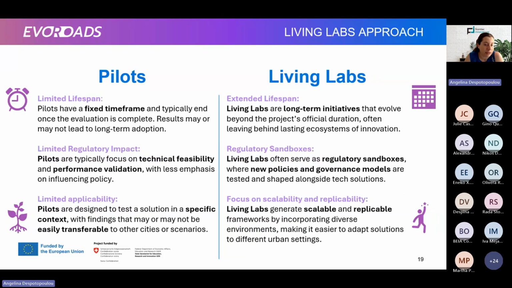Pilots have a very fixed time frame, while the living labs are very long-term initiatives, as I mentioned before, beyond the project's official duration.